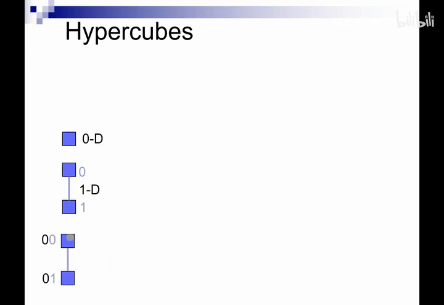When you move to 2D, we're going to make 2 copies of this 1D hypercube. For the first copy, we're going to prefix the 0 and the 1 with a 0. And then for the second copy, we're going to prefix it with a 1. So this assigns a unique label to every node in the network. It's basically a 2-bit binary number.